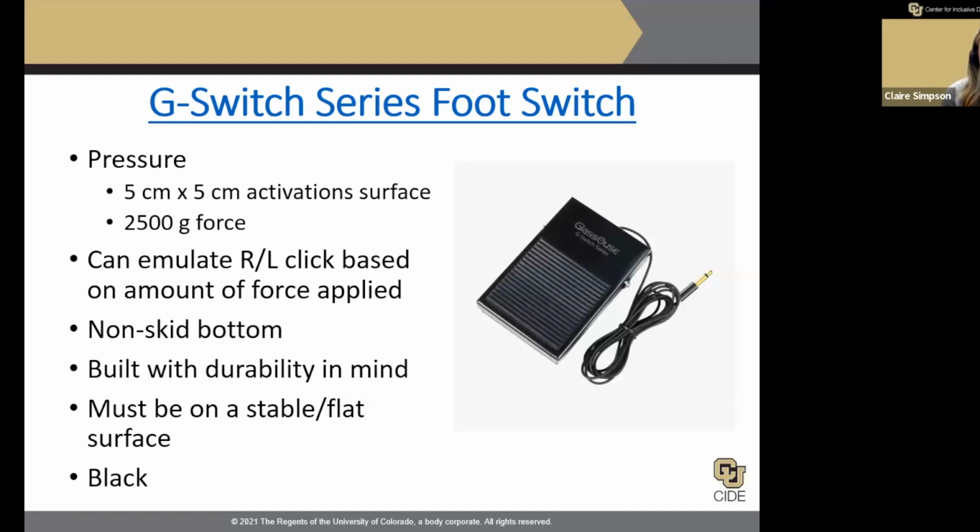And it's kind of unique in that it can be used to emulate right or left click, depending on how much force is applied. So I think if you press it halfway down, it can make a right click, and if you press it all the way down, it makes a left click. And then it has a non-skid bottom, and it can be placed on a stable flat surface, and it only comes in black.